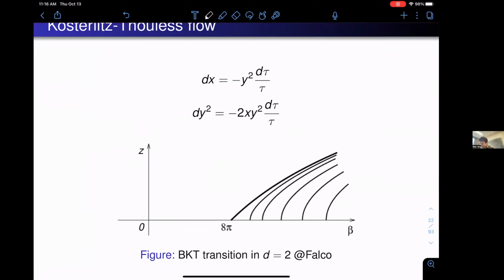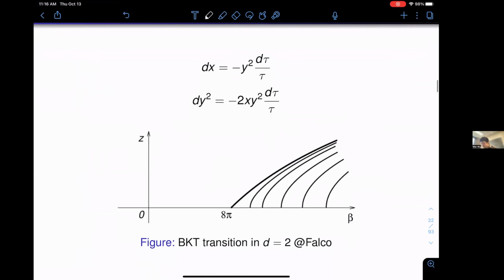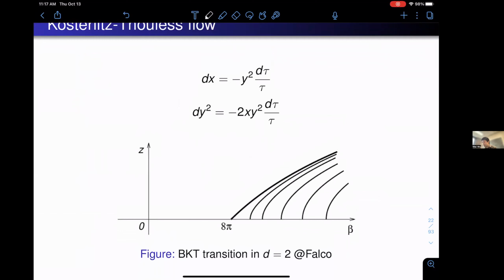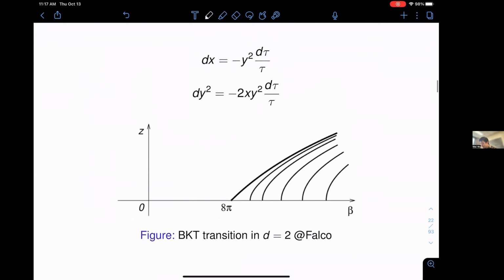He has these famous equations for the flow, which predict the critical temperature of the model to be 8 pi, and this is how the renormalization flow should be expected to behave approximately. So these are all very nice works.